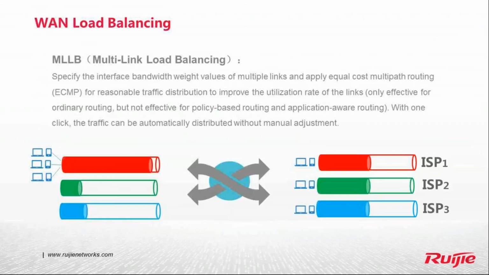WAN load balancing: yes, we can support it in this security gateway. One of the features is multi-link load balancing. We can have up to 6 WAN ports load balanced using the 3250, but the 2100 is only applicable for 2 WAN lines.